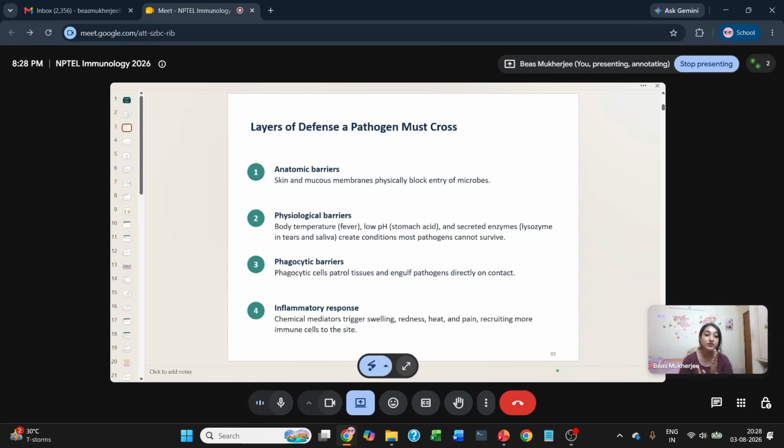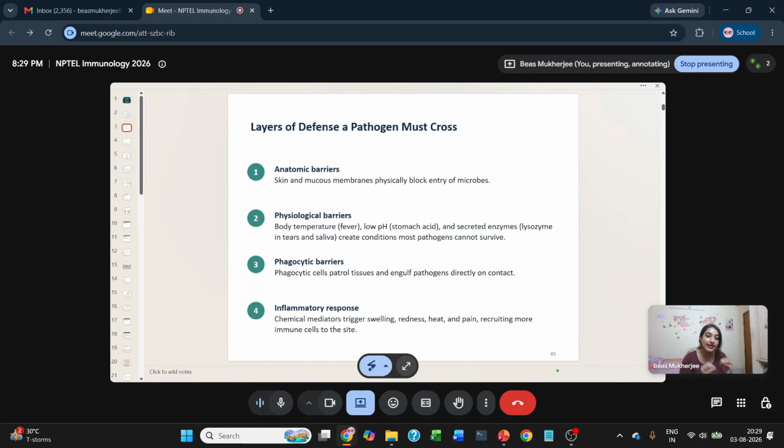Then we have the phagocytotic barriers. So there are cells in the immune system that engulf the pathogen, they eat up the pathogen, and that constitutes the phagocytotic barriers. Then we have the inflammatory response. In inflammatory response, a lot of different cells are called into place, for example, neutrophils, dendritic cells, etc. What happens is there is swelling, there is redness, there is pain, and there is increased temperature in that area.